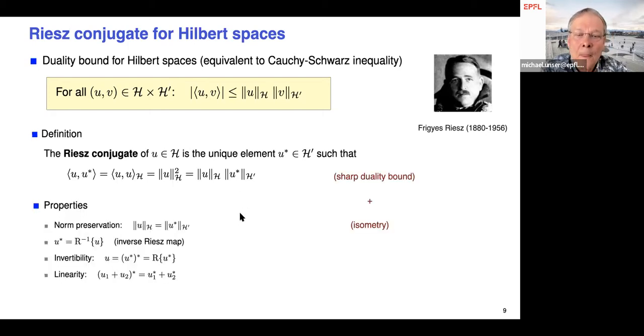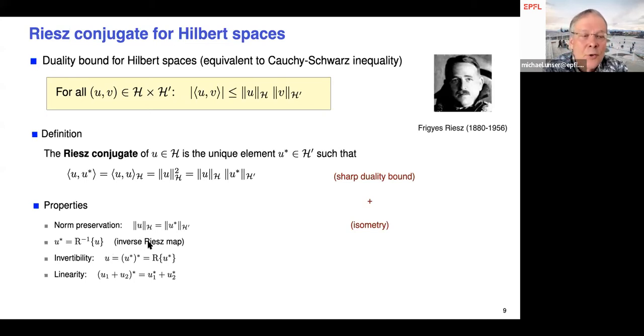Now, the properties of this duality map or the Riesz conjugate is that if you take U and consider the U star, the U star will have exactly the same value of the dual norm.